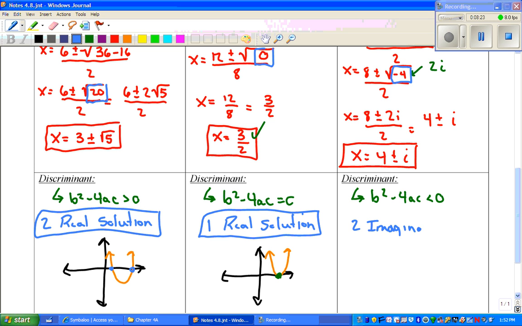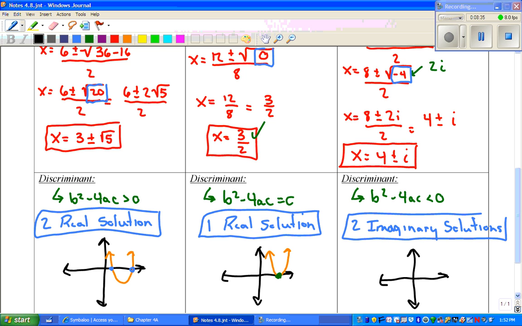This graph is going to be a parabola that does not intersect your x-axis anywhere. So in this one you end up with two imaginary solutions.